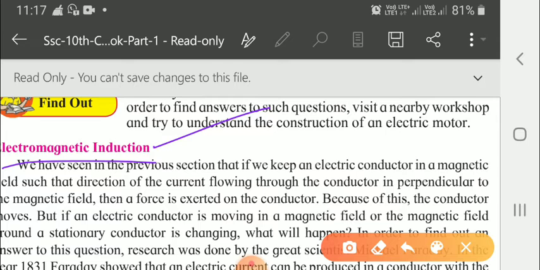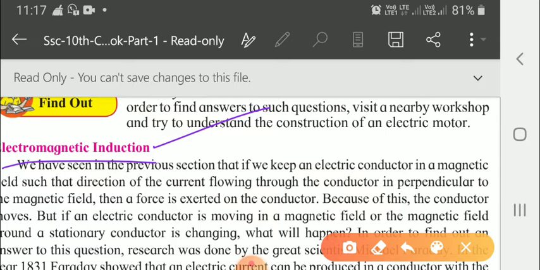In this we will see that if we keep an electric conductor in a magnetic field in such a way that the current flowing through the conductor is perpendicular to the magnetic field, that means in whichever direction the magnetic field is there, the current should flow perpendicular to that direction, then a force is exerted on the conductor, and because of this the conductor moves.